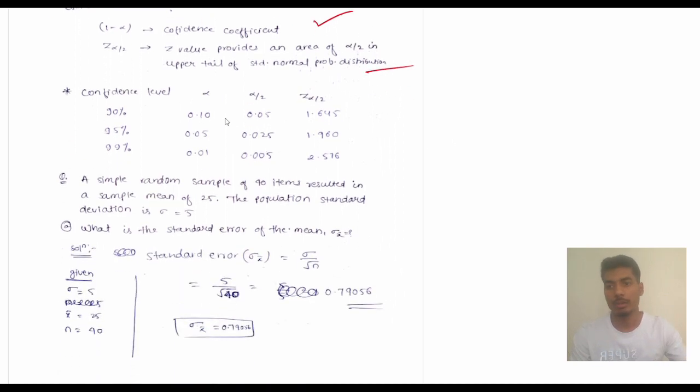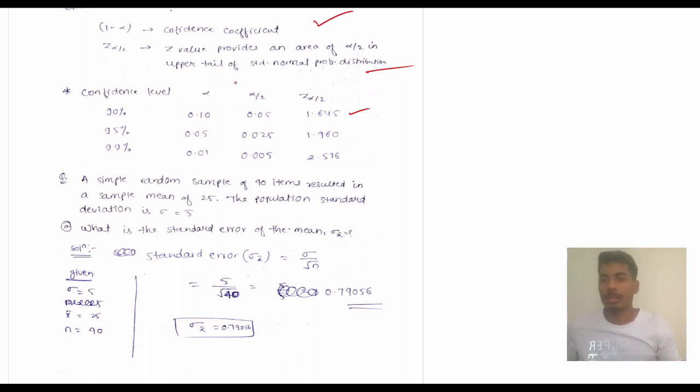Now see the confidence level. When in a question they say confidence level is 90%, 95%, or 99%, these are the confidence levels. At 90%, the value of alpha is 0.10, alpha by 2 is 0.05, and the value of z alpha by 2 is 1.645.